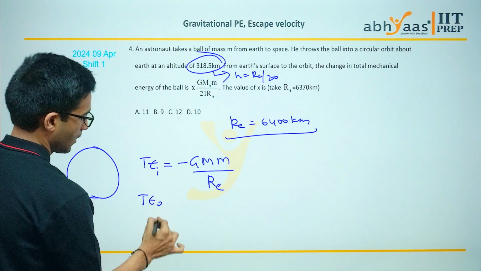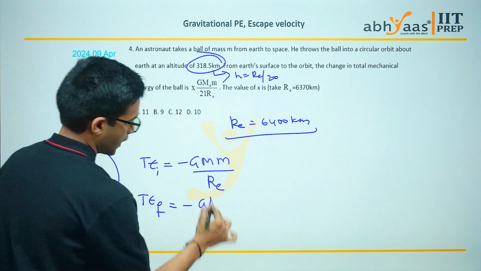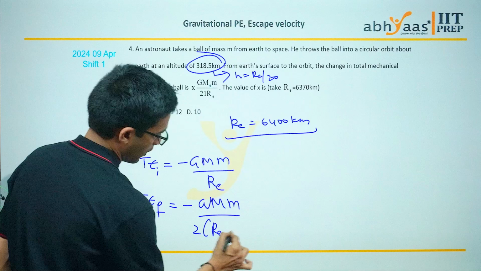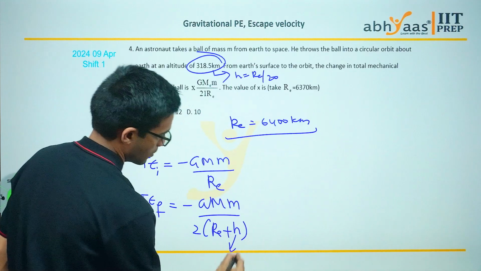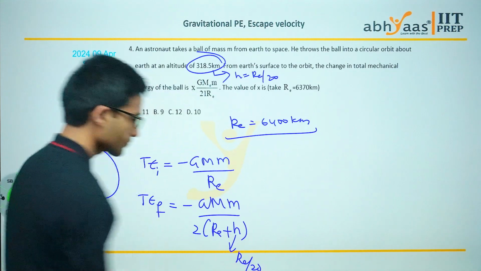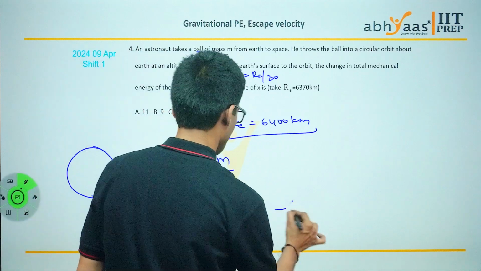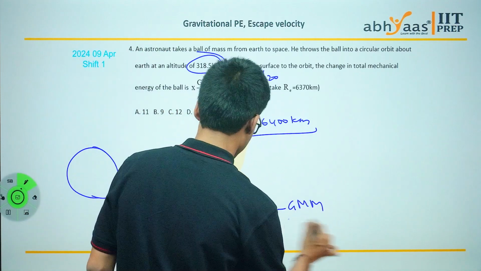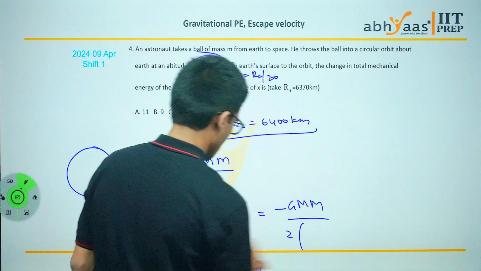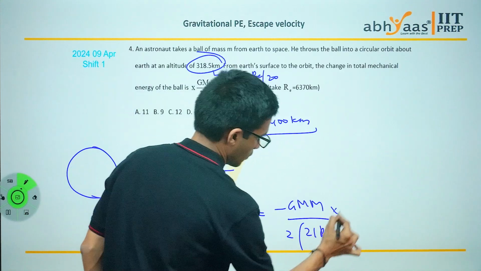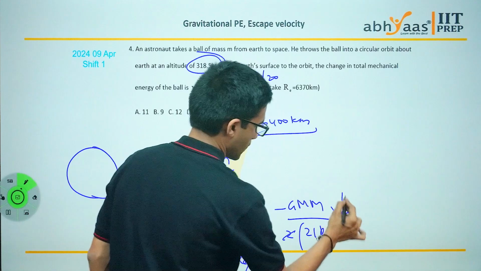Finally, TEF is equal to G capital M small m by 2 into RE plus H. What is H? RE by 20. So then what you will get? Minus GMm by 2 into 1 plus 1 by 20, that is 21 RE into 20. So cancelled, you will get 10.